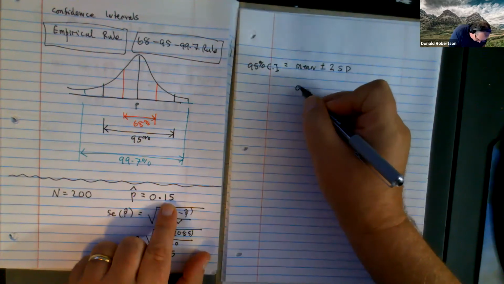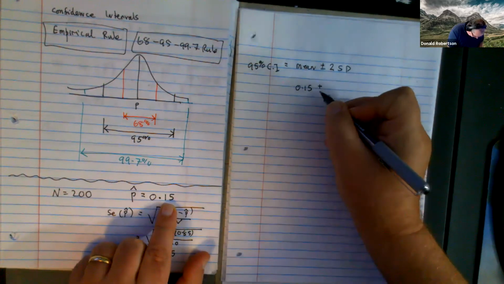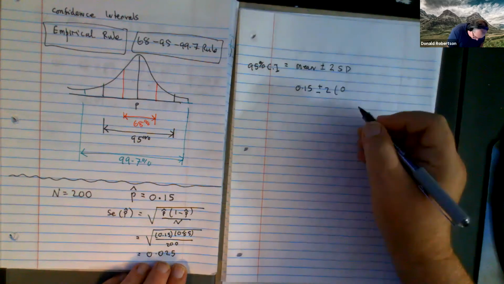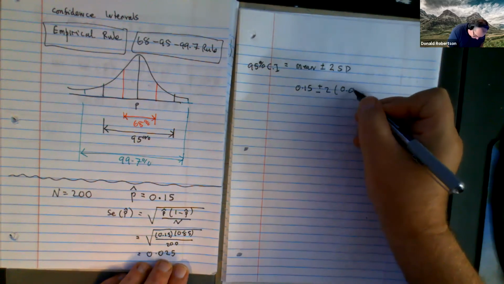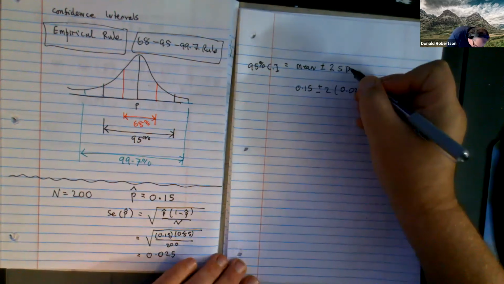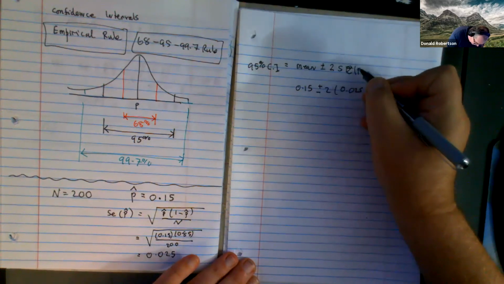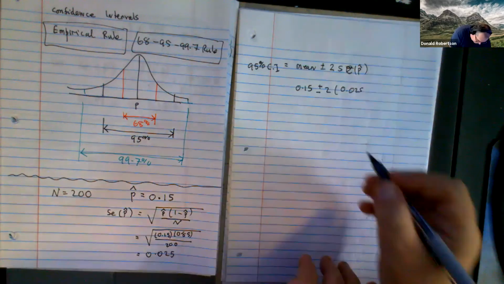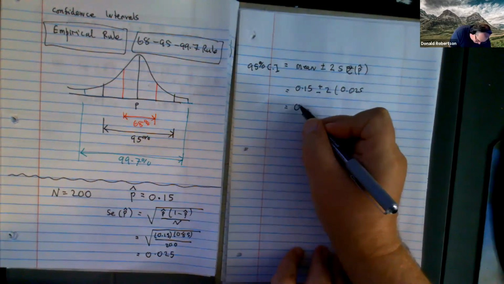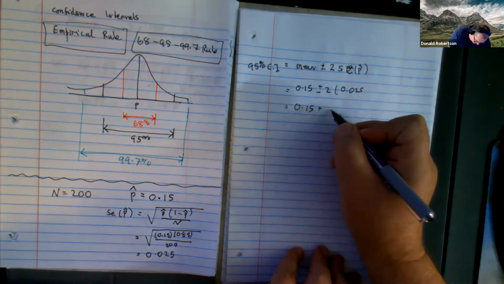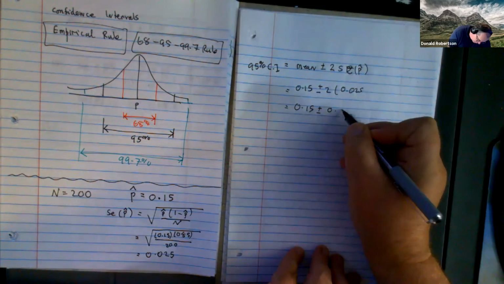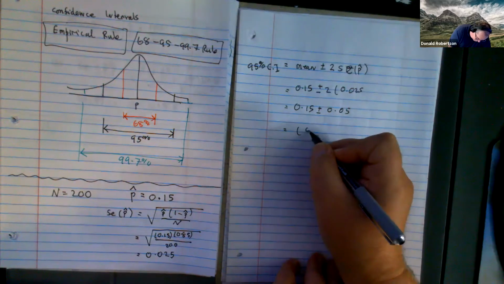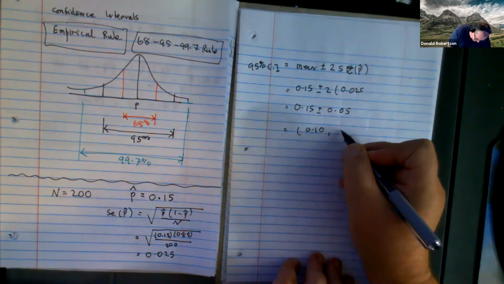It's 0.15, and it's going to be give or take 2 of these standard deviations, 0.025. Actually, to be really pernickety, the standard deviation is the standard error, right? So it's 0.15, give or take 0.05. So it's anywhere between 10 and 20.